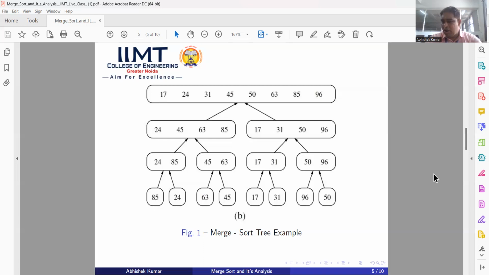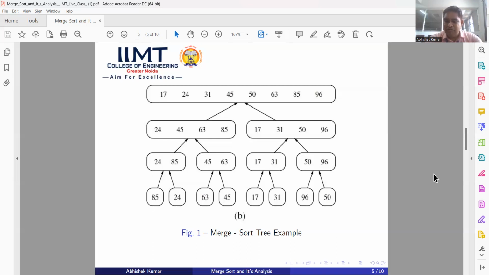Now you can see the elements on this level of the tree are all sorted, that means 24, 45, 63, and 85. Same thing we are doing in the right subsequence. You can see 17 and 31 are already sorted, and 50 and 96 are already sorted. So now we apply the merge operation on both these subsequences.